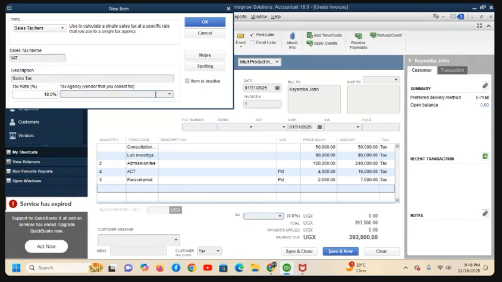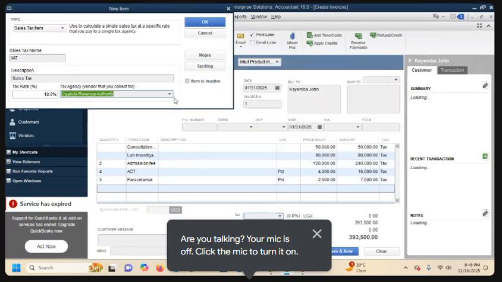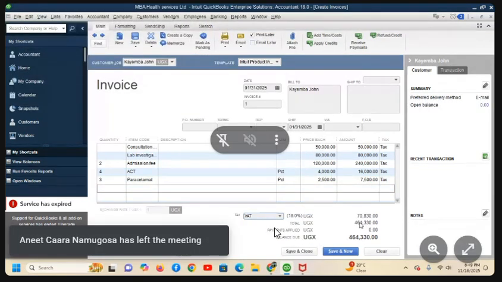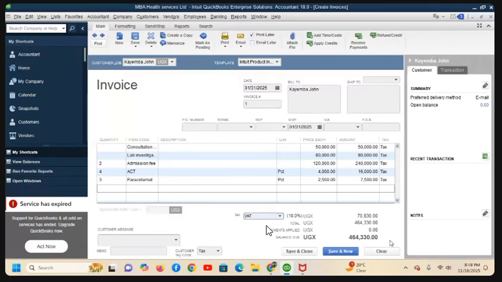And who is the vendor? Uganda Revenue Authority. So I set it up. I click OK. The moment I click OK, have you seen the system? It has already computed VAT. The amount has changed.